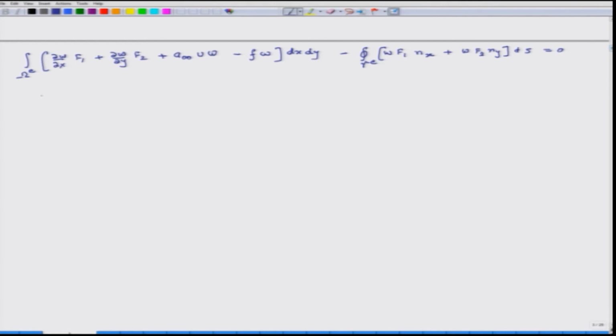I can again rewrite this as the integral of, where f1 I am now going to replace by the original definitions.